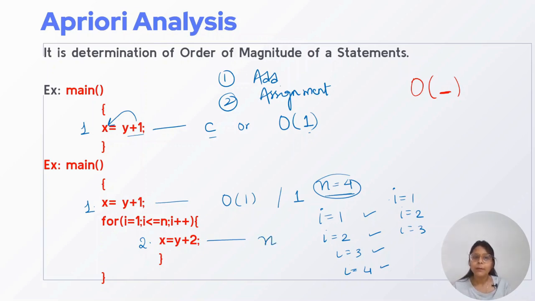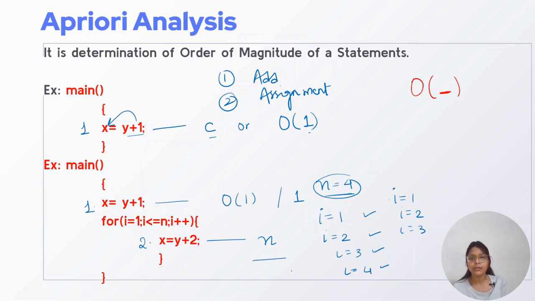So for basic operations, the time complexity will be constant. For a loop, you have to check how many times that loop is executing. In this case, it is executing from 1 to n, means 1, 2, 3, 4, 5, 6 till n, means n times. This updation of y value will be happening n times, along with some constants also, because here also you are doing some addition and some assignment. But this will happen how many times? For i equals 1, i equals 2, i equals 3, till n.